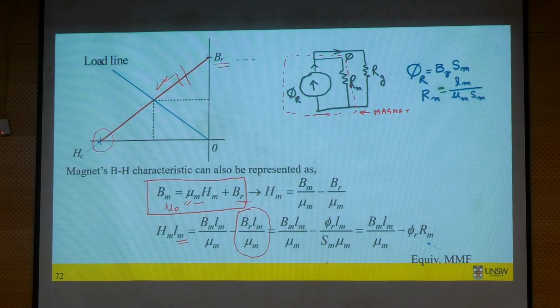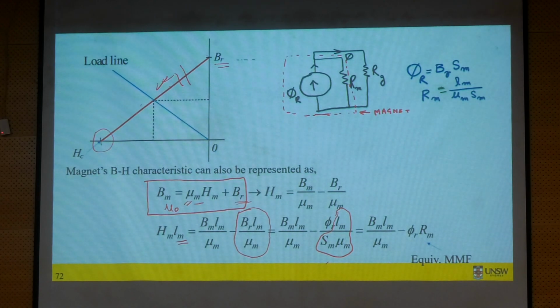So this other part is a reluctance. If you recall, reluctance is length over cross-sectional area times permeability. So we have the remanence flux times a reluctance, okay, flux times reluctance, like current times resistance, like a voltage source, right? So a magnet can be thought of as a source of flux, a flux times reluctance, okay?